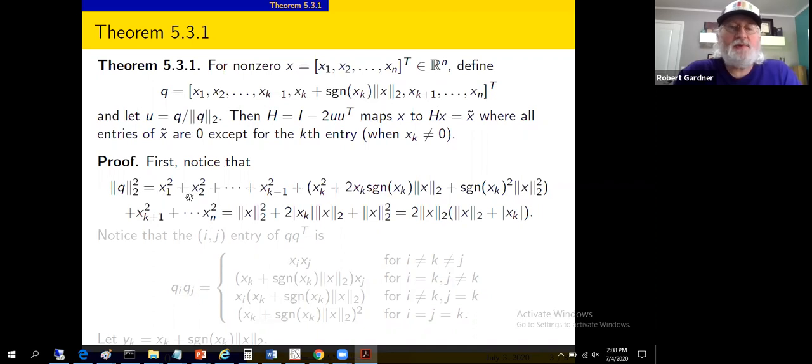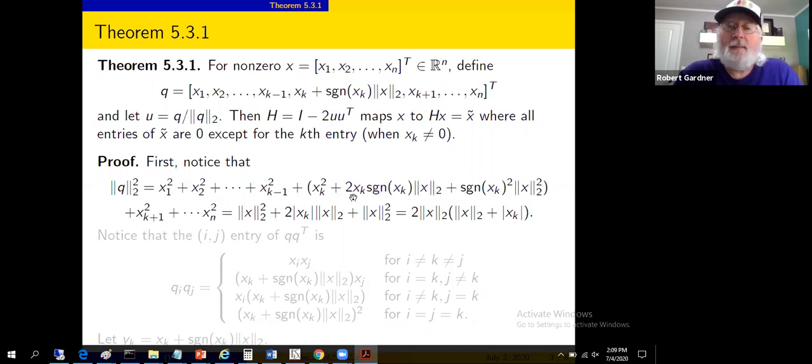We've got x1 squared plus x2 squared up through x sub k minus 1 squared, an x sub k squared, an x sub k plus 1 squared through x sub n squared. Collect all those subscripted x's, which are squared, together, and that gives you the norm of vector x squared. Those were the components of vector x. But you're still left with this little bit we got from squaring the kth component of q.